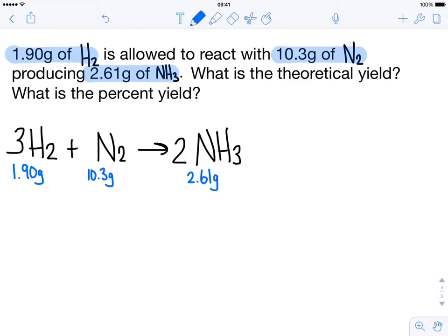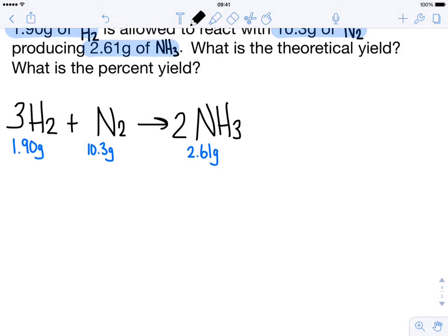So I like to take the method where we take our 2 reactants and turn them into the product. So I'm going to take our grams and figure out how many moles of NH3 this many grams of H2 produces, and also how many moles of NH3 this many grams of N2 produces. So let's start with H2. So we're told that there are 1.90 grams of H2.